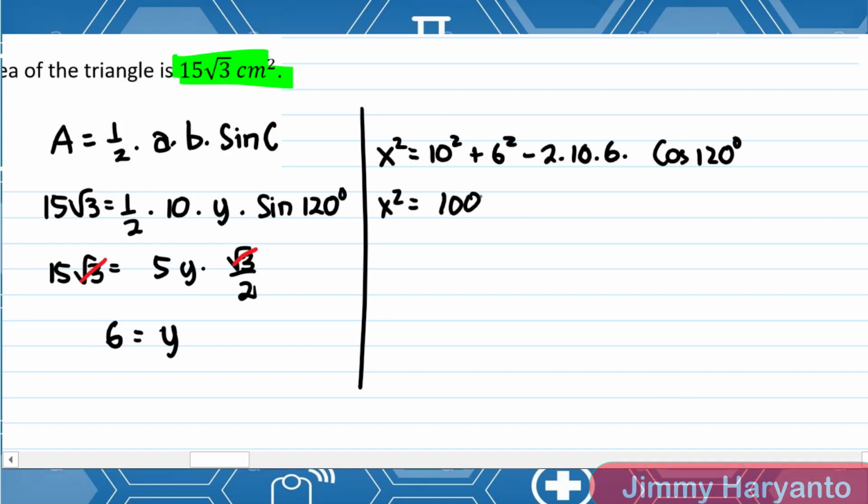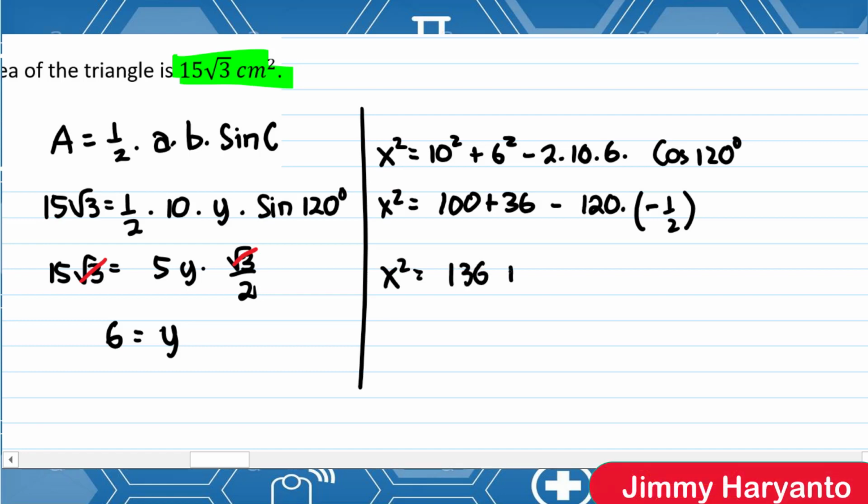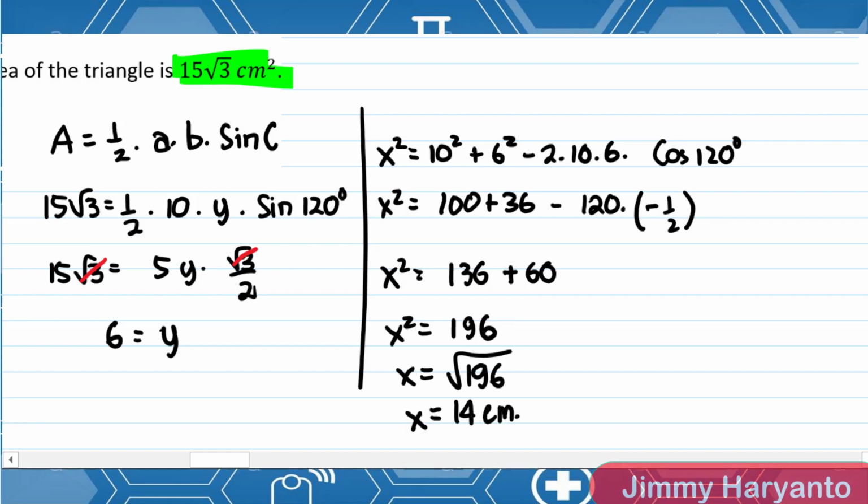X square equals 100 plus 36 minus 120 times cos 120, which is negative half. So it will be x square equals 136 plus 60. X square equals 196. X will be square root of 196. X is 14 centimeters. There you go, guys.